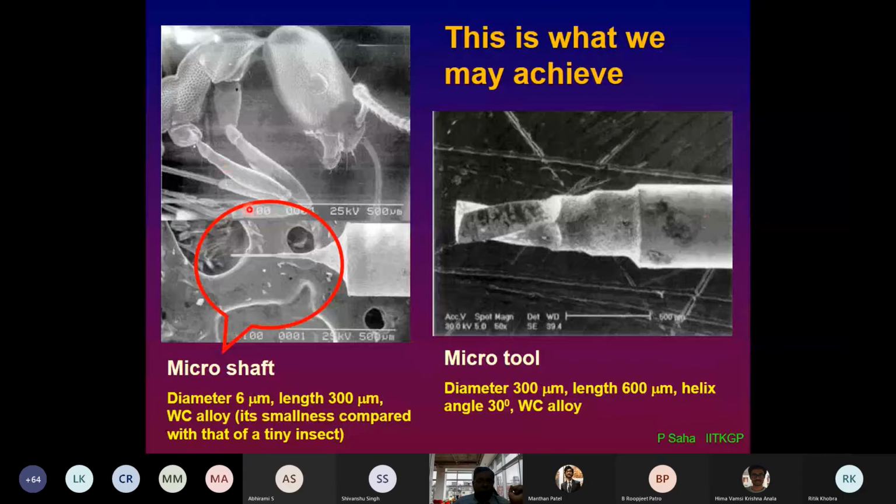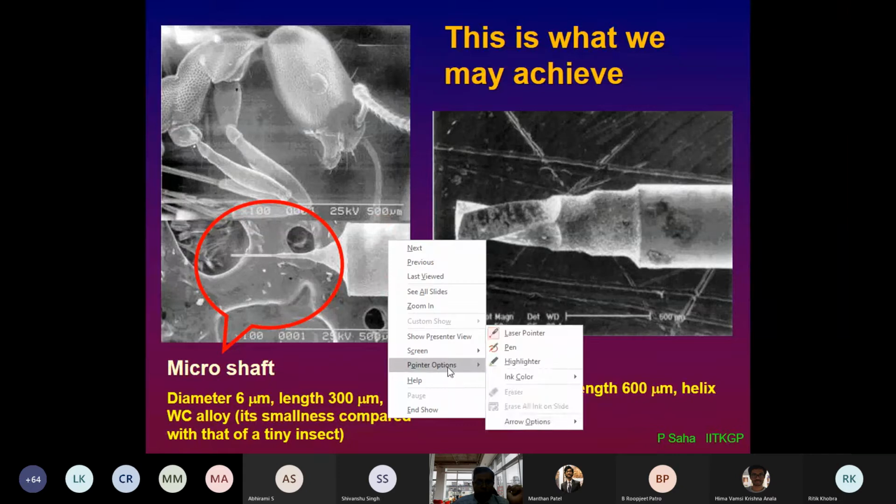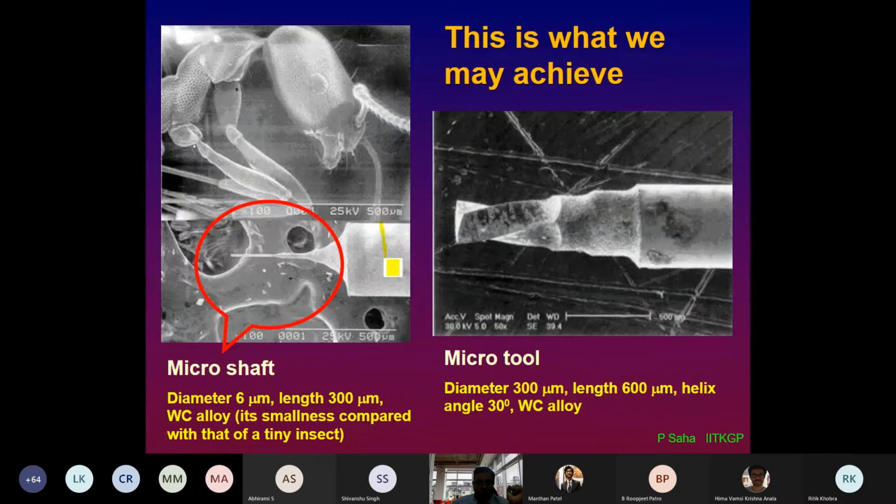And comparison-wise, how small is the tool? See, this was our raw stock, of this much diameter. But by gradual reduction through wire electric discharge grinding, we have come down to a shaft diameter like this.